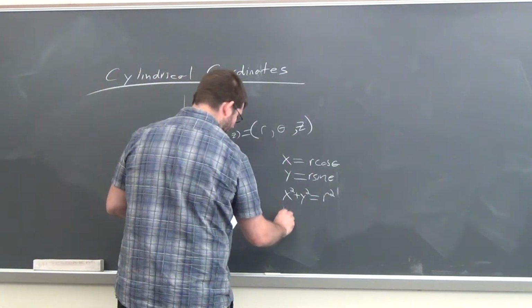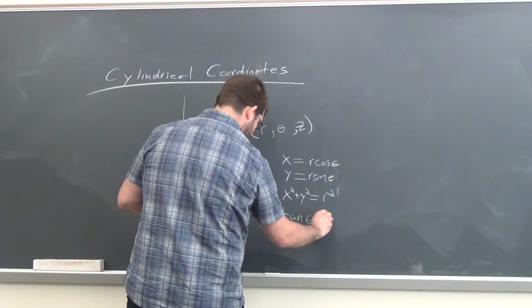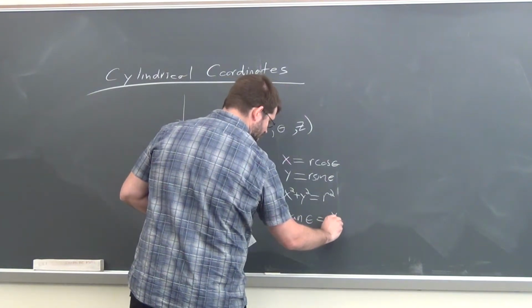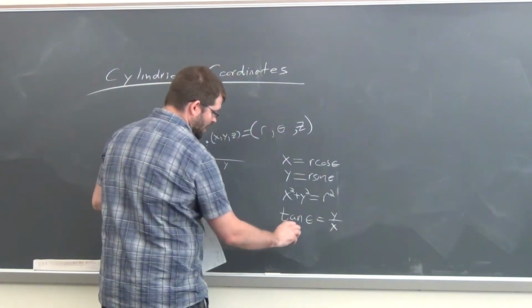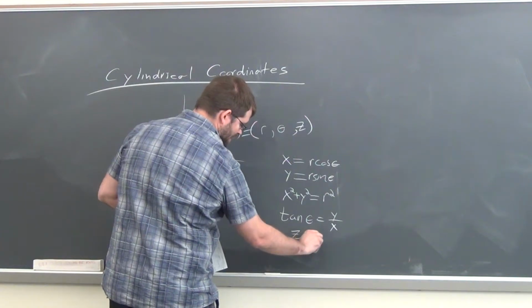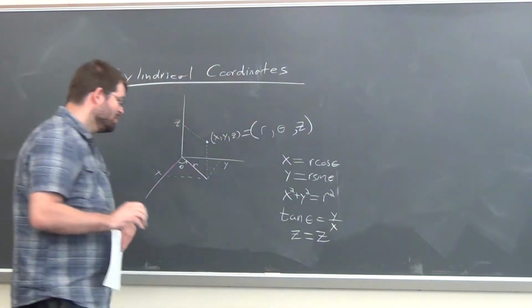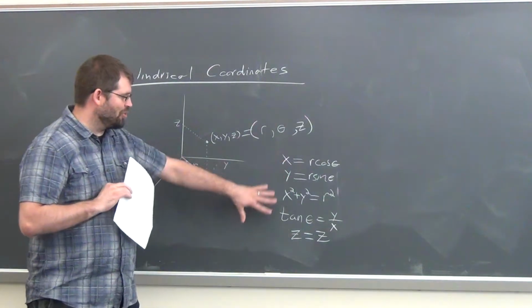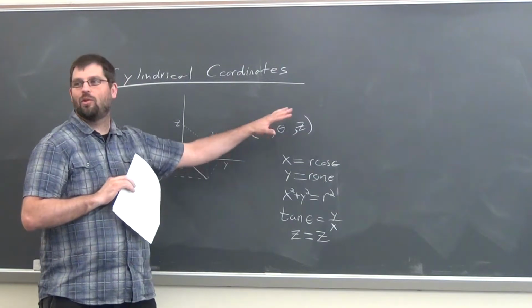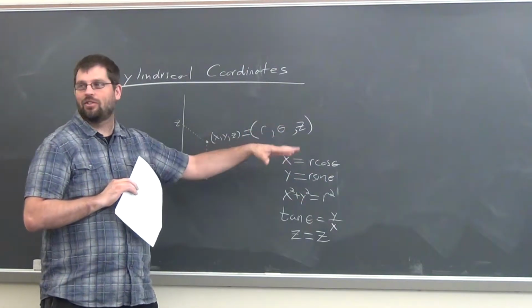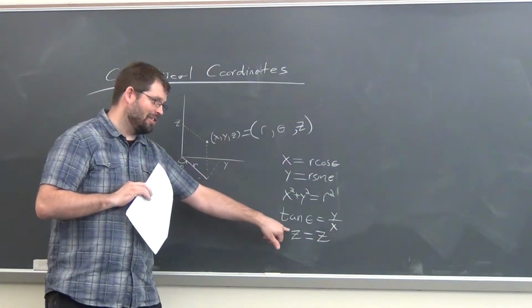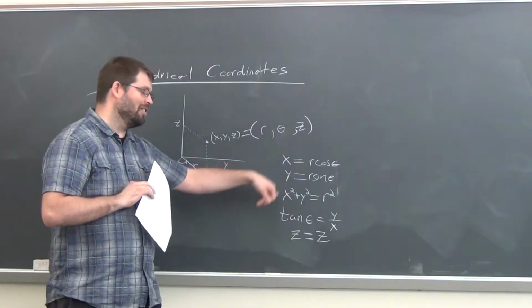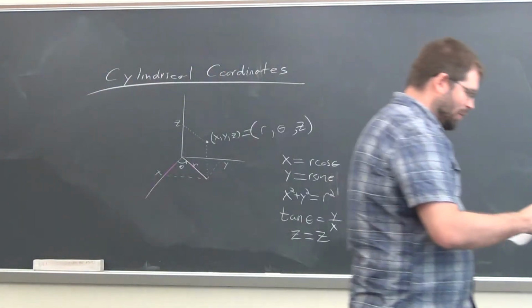Tangent of theta is y over x. And then you get the really important identity that z is equal to z. So remember that. You add that one in there as well. Okay, so these are the formulas you'd use to move from polar coordinates to rectangular coordinates or vice versa, right? And again, I'll stress, treat the z as though it's z, and then shift the x and y into polar.